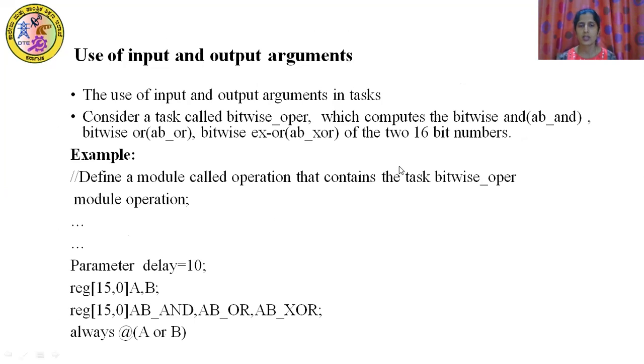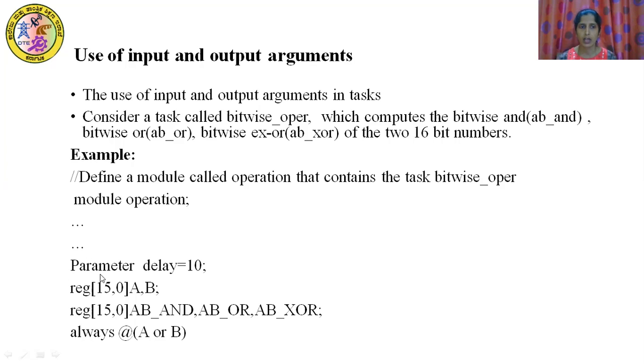Now, let's see an example of task declaration and invocation. We have chosen an example here to define a module called operation, which contains the task by name bitwise_oper. The module begins with the keyword module followed by the name of the module, operation.